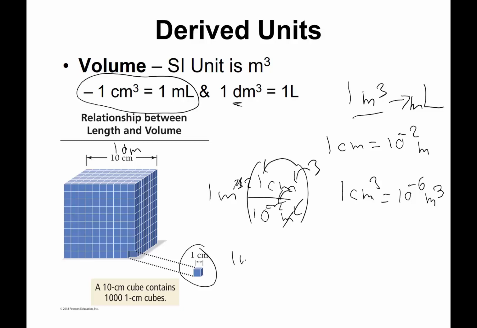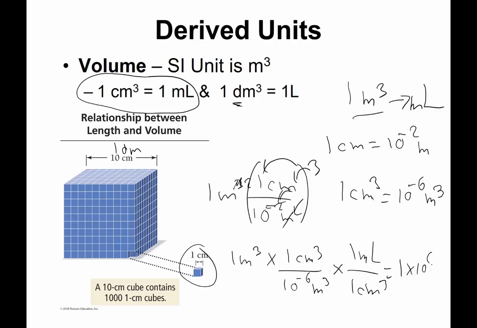So now we can do this. 1 meter cubed times 1 centimeter cubed divided by 10 to the minus 6 meters cubed, and then of course 1 milliliter is equal to 1 cubic centimeter. What you get is 1 times 10 to the 6 milliliters. So 1 meter cubed has 1 million milliliters in it. Okay, so you gotta always watch out for those units, right?